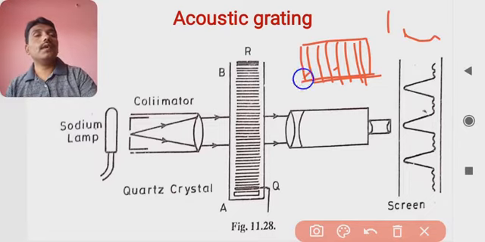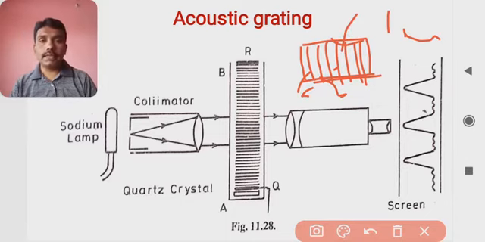A and B are the transparent and opaque parts, and that is what is called a grating.